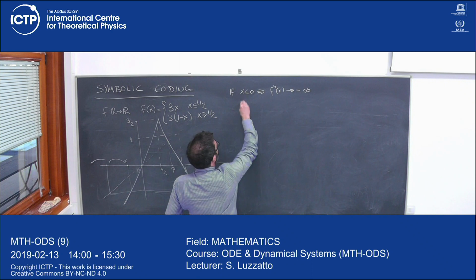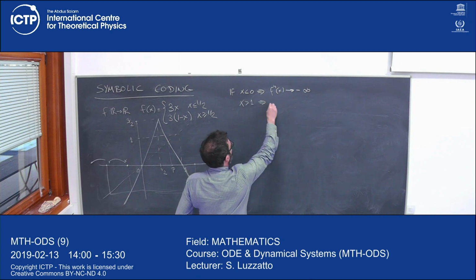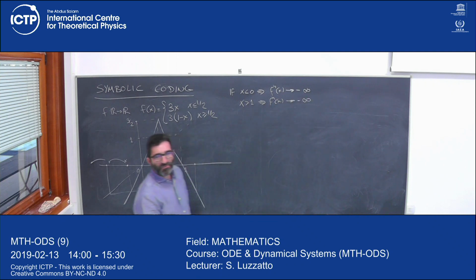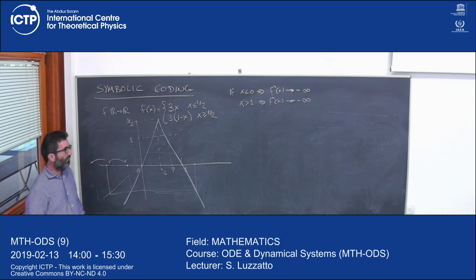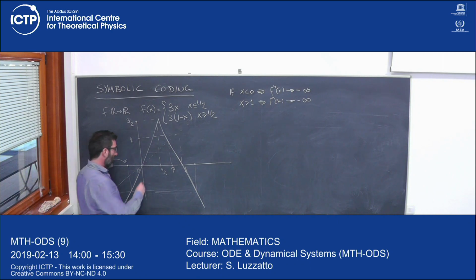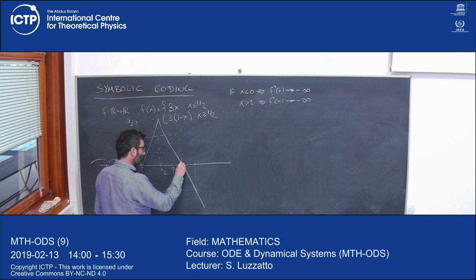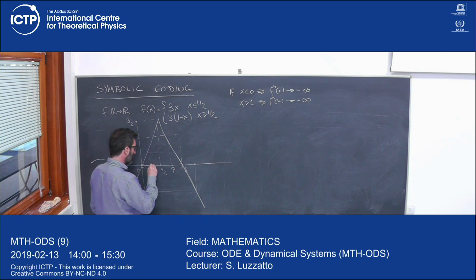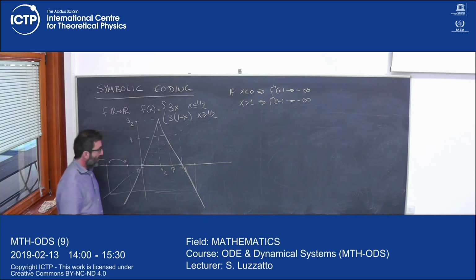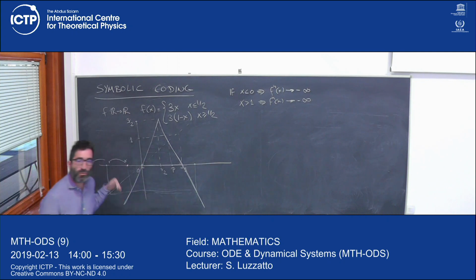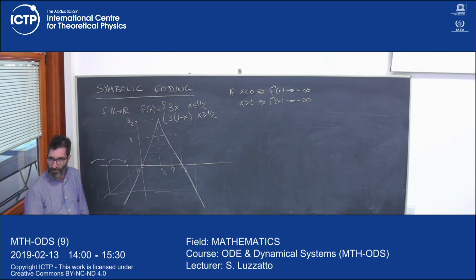So for x bigger than 1, also f^n of x goes to minus infinity. Okay, so the only interesting things that may happen, if there's anything interesting that we don't know, will happen in the interval 0, 1. Because everything less than 0 goes to minus infinity, everything bigger than 1 also goes to minus infinity, and nothing interesting happens. So let's focus on the interval 0, 1.